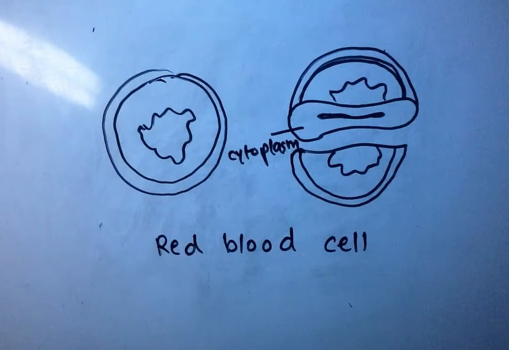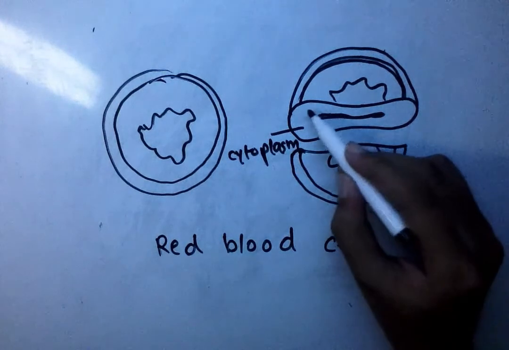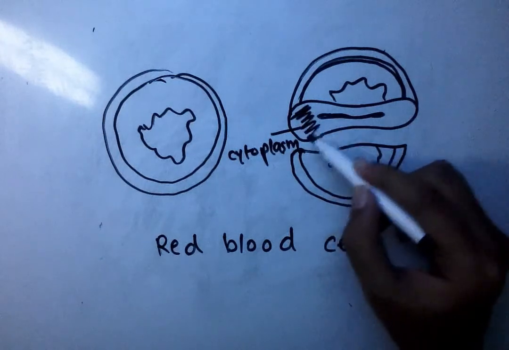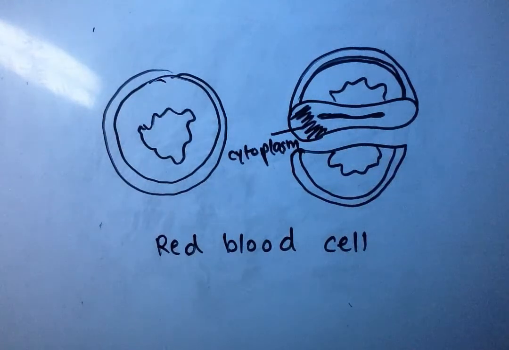This is an example of a red blood cell. The red blood cell contains a red pigment which is called hemoglobin. This cytoplasm here contains the hemoglobin, enabling the cell to transport oxygen from the lungs to all parts of the body. This cell has a circular biconcave shape so that it increases the surface area to volume ratio.